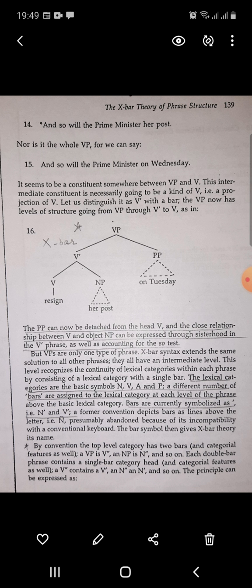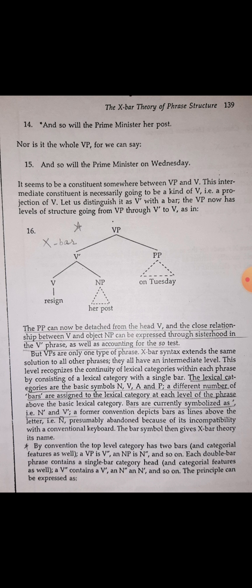How did they do it? First of all, they put a bar on verb. That verb phrase consists of a verb complement. So X bar, the verb bar, and they have separated the prepositional phrase. So if we just omit this prepositional phrase, our meaning will be complete. Verb bar is further having a verb, resign, and a noun phrase, her post.